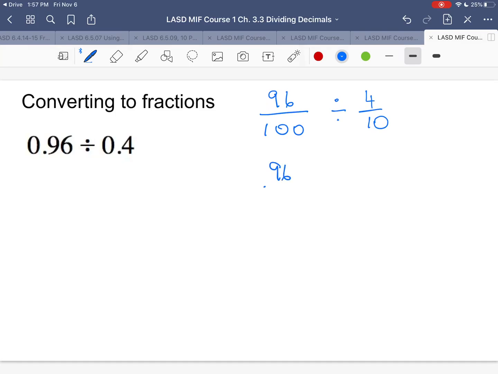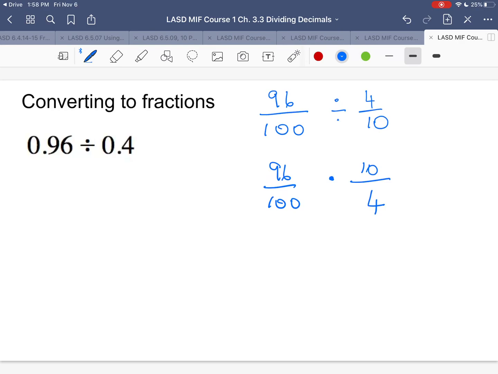So 96 over 100 times the reciprocal of 4 tenths, which is 10 fourths. And now I can solve this either by multiplying 96 times 10 and dividing by 100 times 4, or first I can make the numbers a little bit easier.